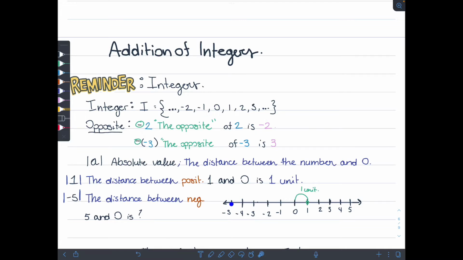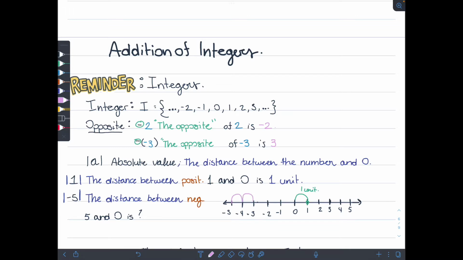Let's use the number line. We're going to start at -5 and we're going to hop all the way down to 0. So that's 1, 2, 3, 4, 5. Let's draw this out.